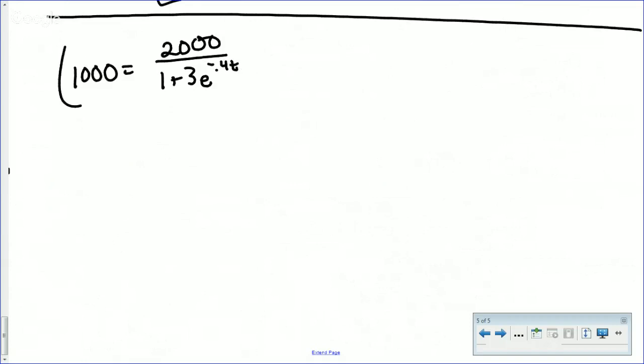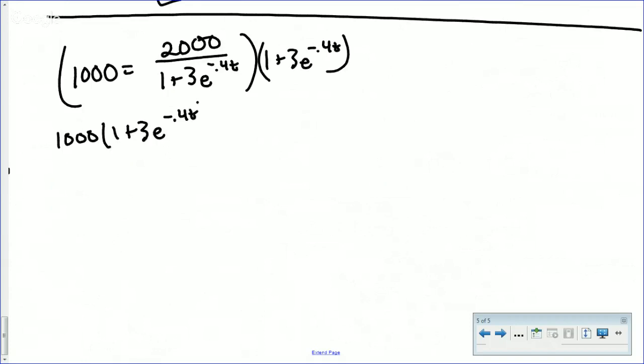We'll multiply the whole thing by 1 plus 3 e to the minus 0.4 t. So I have 1,000 times 1 plus 3 e to the minus 0.4 t equals 2,000.